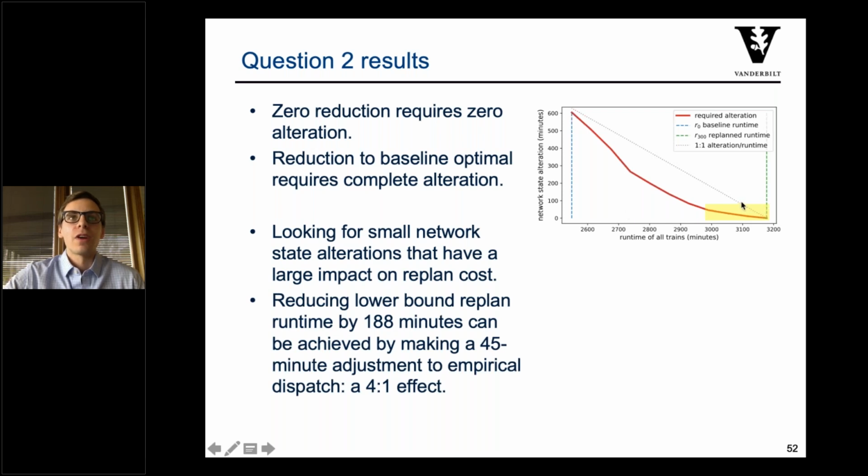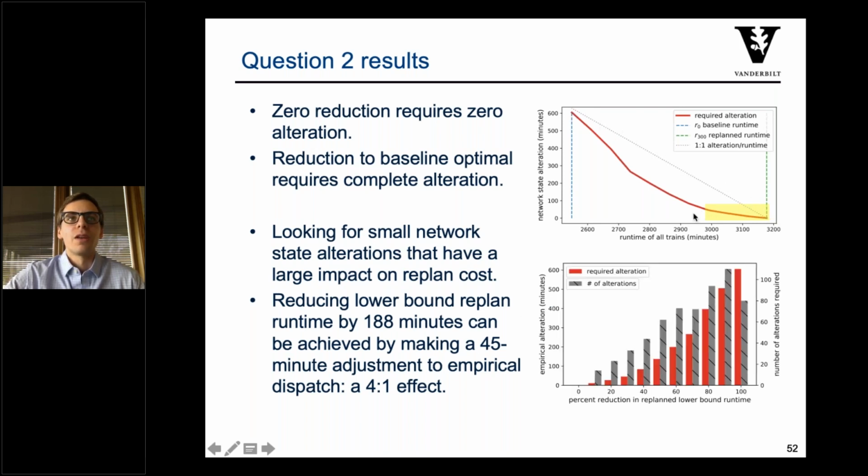And in this diagram, we see that we can reduce cost from this point out here near 3,200 down to around 3,000 total minutes of train runtime with a relatively small alteration to the network state. So just based on the fact that this is significantly under this one-to-one line, we're getting a very good return on our investment by modifying the network state.